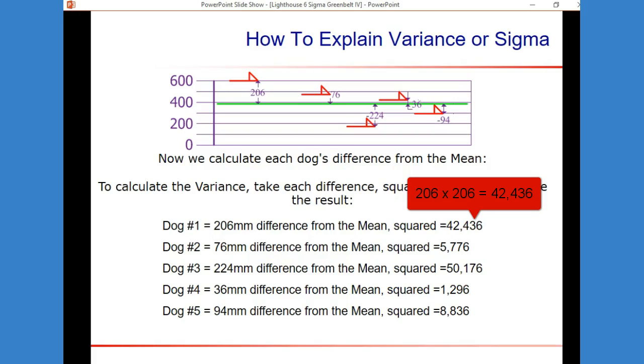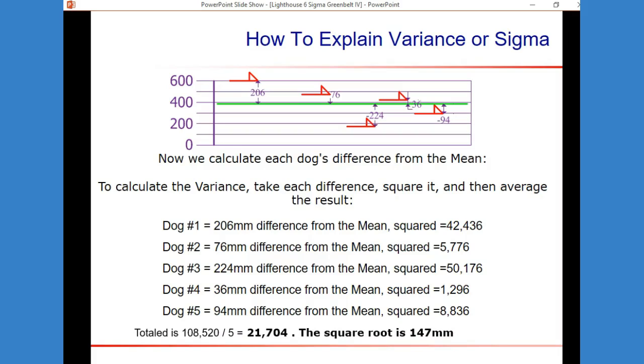I take the 206 times 206 and square it, I come up with that 42,000 number. So I did that with every dog, their difference from the mean, came up with that number. And then I add it together, divide it by 5, because I got 5 puppies. I end up with a number that when I get to the square root of that number, I'm at 147 millimeters.